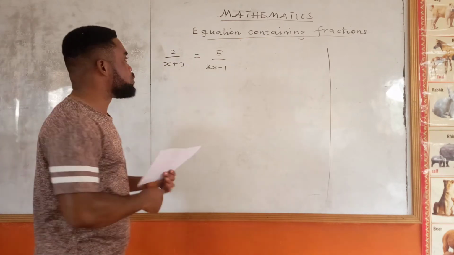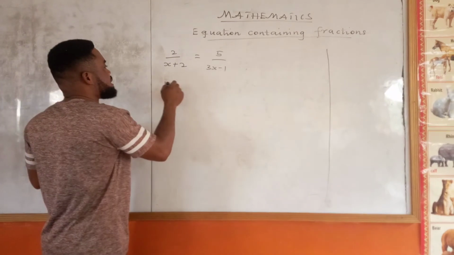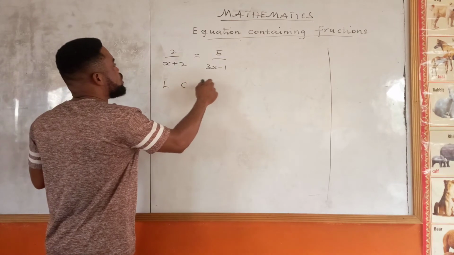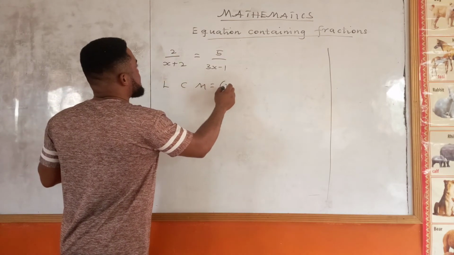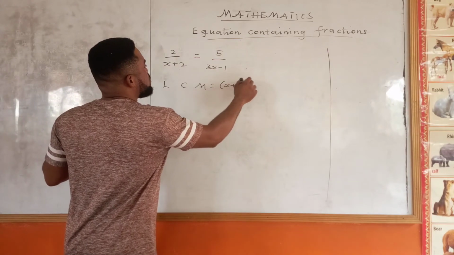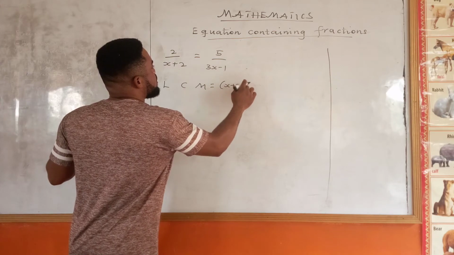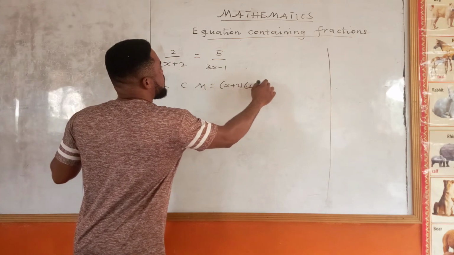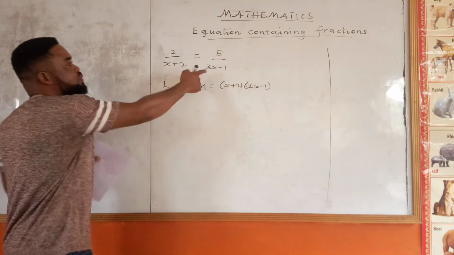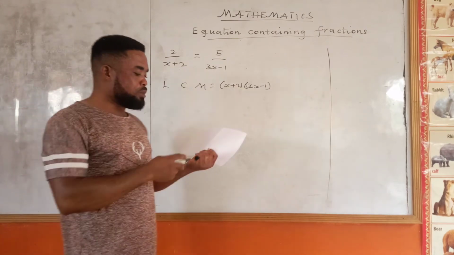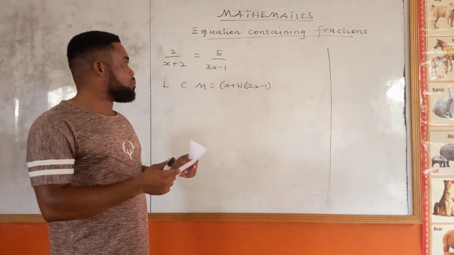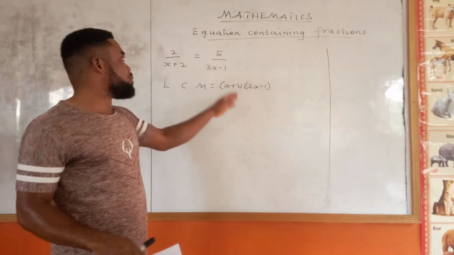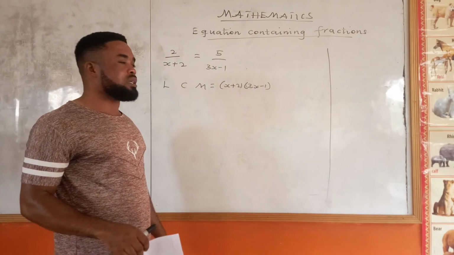So the LCM should be x plus 2 in brackets and 3x minus 1. That is the LCM. Put them in brackets and then form the LCM for it. After that, multiply through by the LCM.